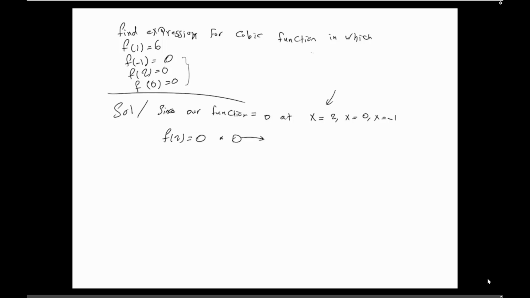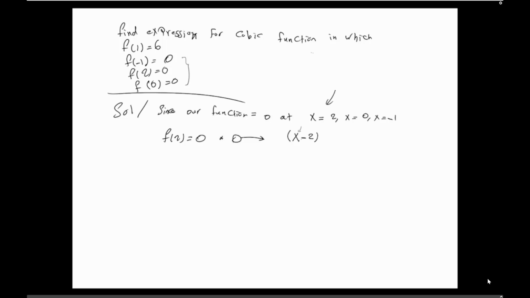And in order to get this multiplication by 0, what we're going to do is put in our function x minus 2. In this case, if we substitute the value of 2 as x, then we're going to get 0. And if we multiply this by any number, then we're still going to get 0.